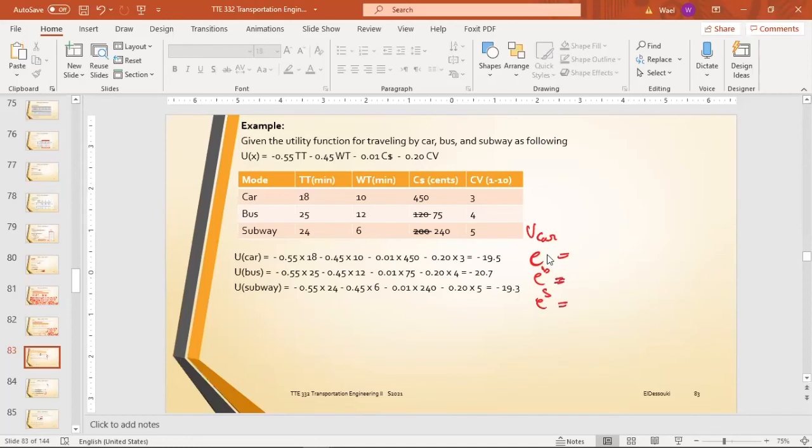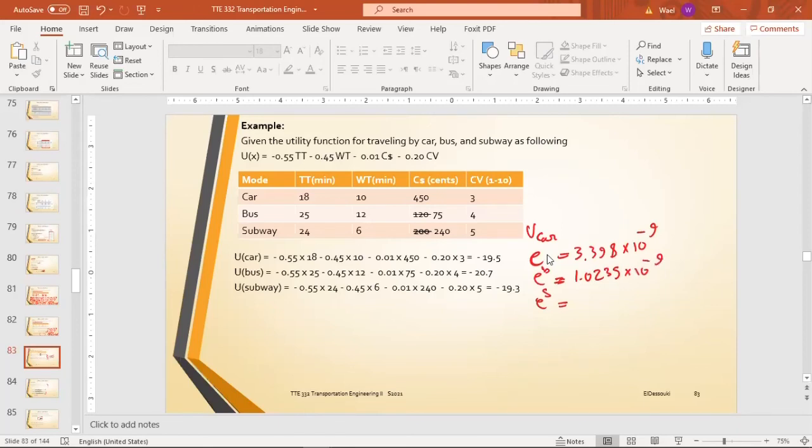So e to the power minus 19.5 is going to be as it is, 3.398 multiplied by 10 to the power minus 9, and the other one here is 20.7, so this one is 1.0235 multiplied by 10 to the power minus 9.